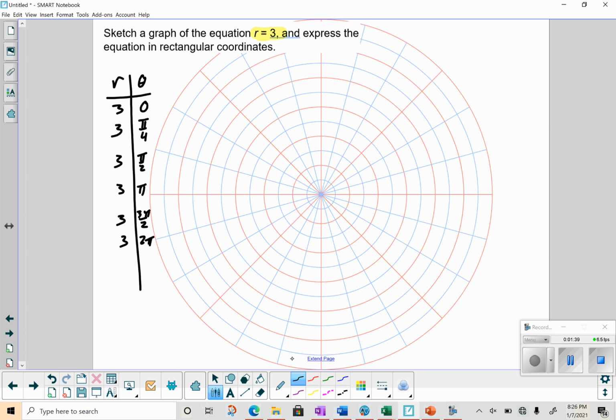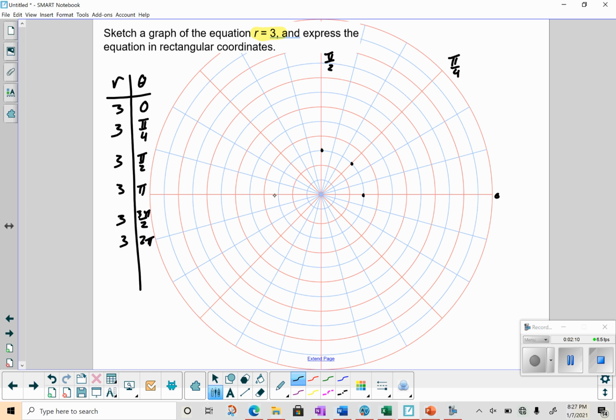So for 3, 0, again, 0 here is our starting polar axis, and I'm supposed to come forward 1, 2, 3 spaces, put a point. This is rotating around to pi over 4. Again, my radius is 3, 1, 2, 3, put a point. For pi over 2, up here, come forward on this ray in this direction, 1, 2, 3 spaces.